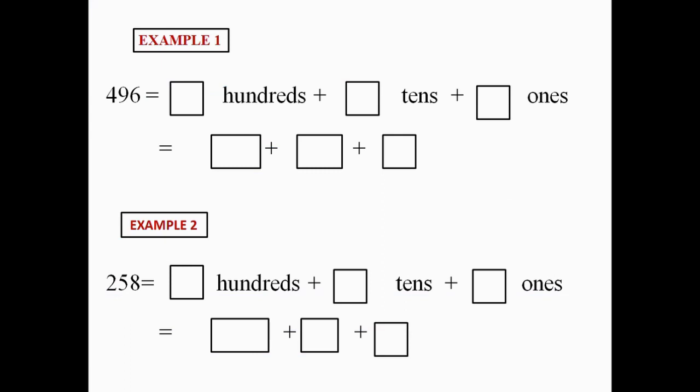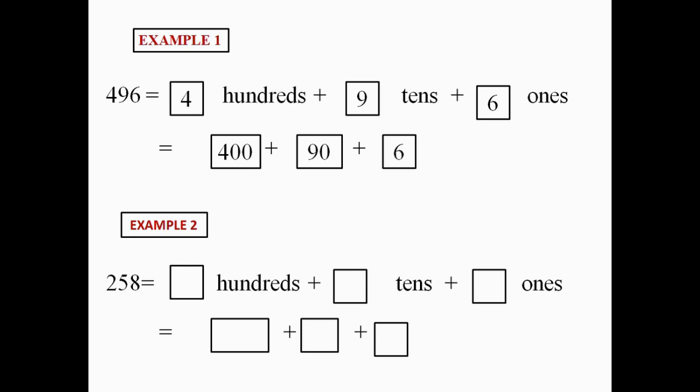Example 1. So here we have the number 496, and we have to expand this number into hundreds, tens and ones. So let's do it. So 496 is equal to 4 hundreds plus 9 tens plus 6 ones, which is equal to 400 plus 90 plus 6.